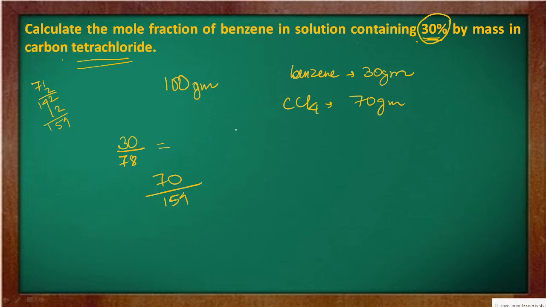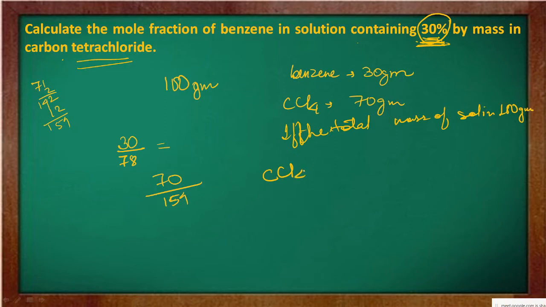So if I assume the total mass of the solution is 100 gram, then the mass of carbon tetrachloride will be 30 gram, because only 30% is carbon tetrachloride. And if the total mass is 100, how much will benzene be? Benzene will be 70 gram.